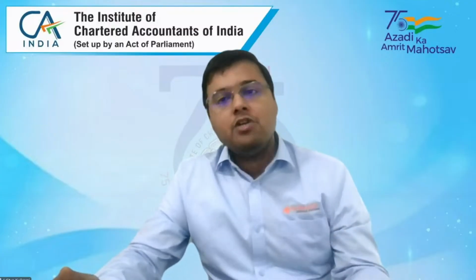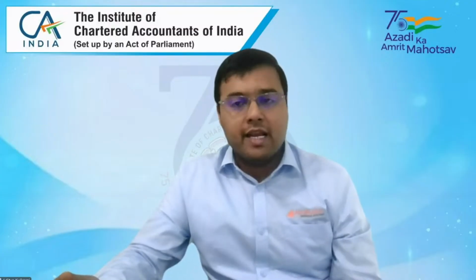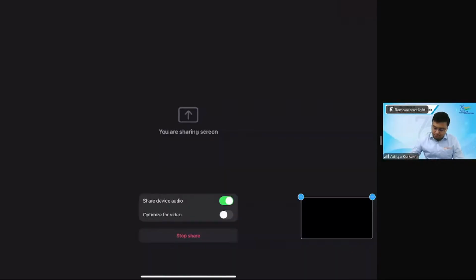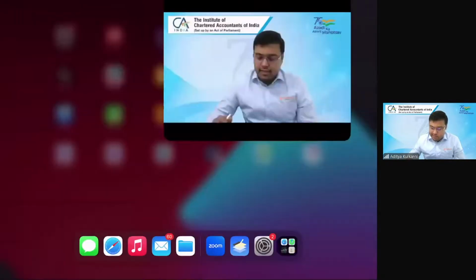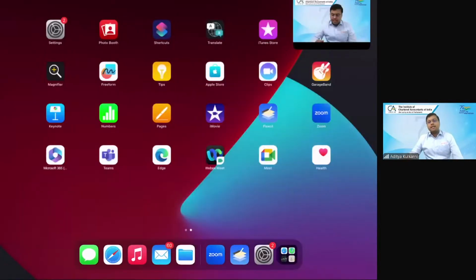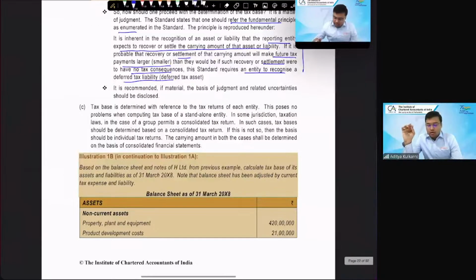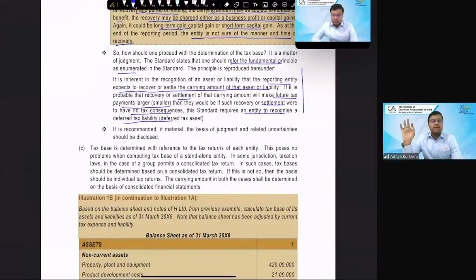So now the whole point is, am I in a position to do this identification? If you are able to do this identification, well and good. If you are unable to do this identification, then you will have to understand that your fundamental requirement of Ind AS 12 is to identify how the entity expects to recover or settle an asset or a liability.